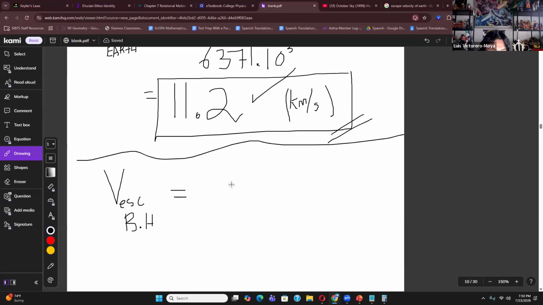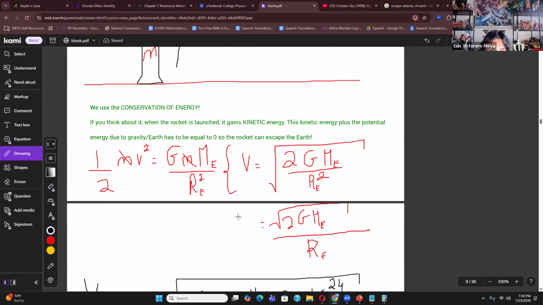Why do we call it black holes? Wouldn't it be the speed of light? Does that make sense? Yes. Very good. Yeah, speed of light. So if you replace this value here, c equals that, guess what you will get here?